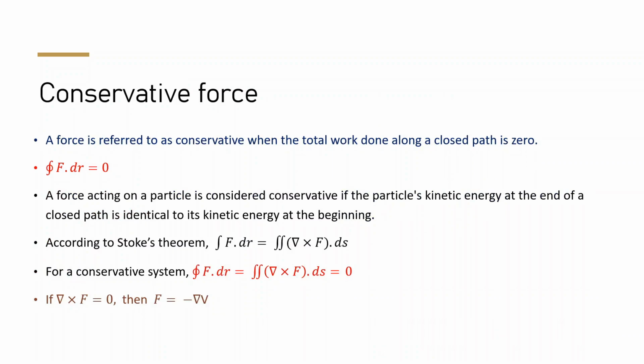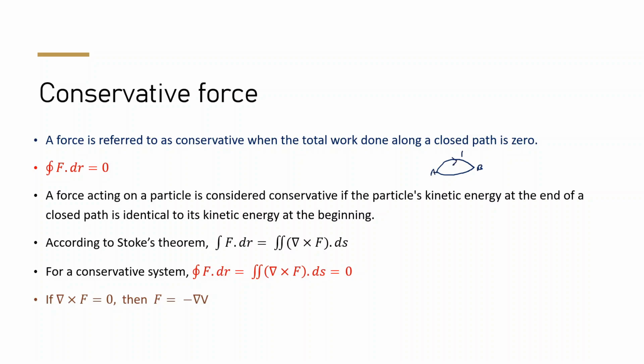Now we have to talk about a conservative force. A force is referred to as conservative when the total work done along a closed path is 0. See, A and B are two positions.